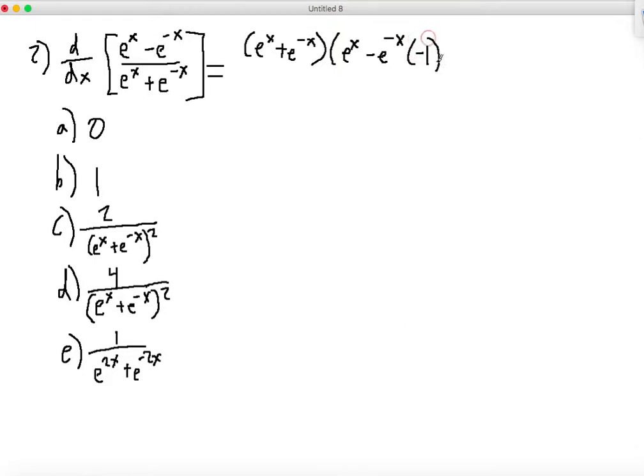And then we're going to take high times the derivative of the bottom, a lot of e to the x is here, plus e to the negative x. And derivative of e to the negative x is e to the negative x times a negative 1.